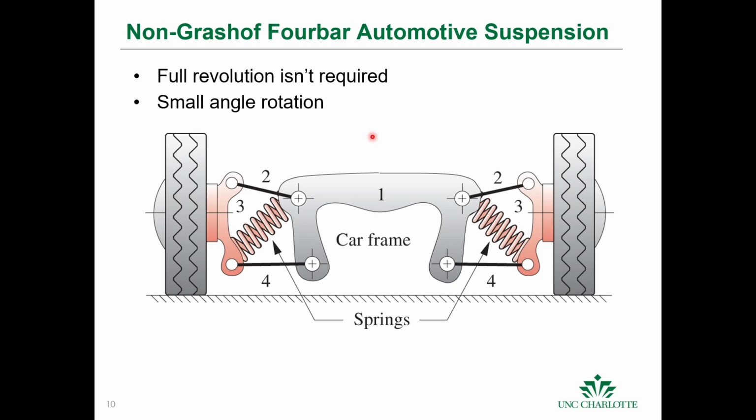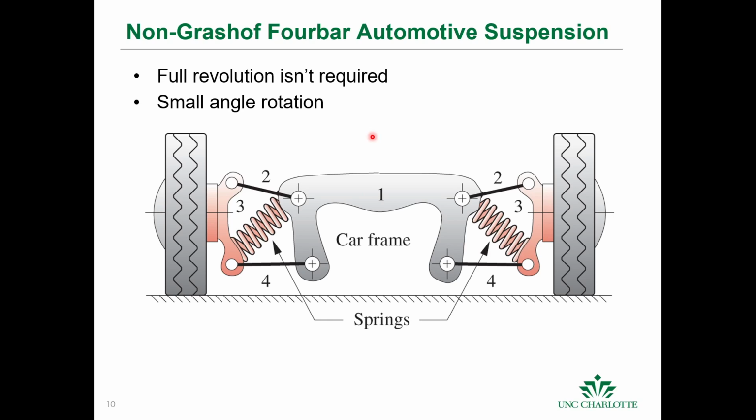You've seen them everywhere. This is a non-Grashof 4-bar mechanism in your automotive suspension. It's common design, but it's not really a Grashof mechanism because none of them can complete a full revolution. However, in a car frame, you really don't want your wheel to have a full revolution, so you can constrain that motion with the spring and your joints for the vehicle.